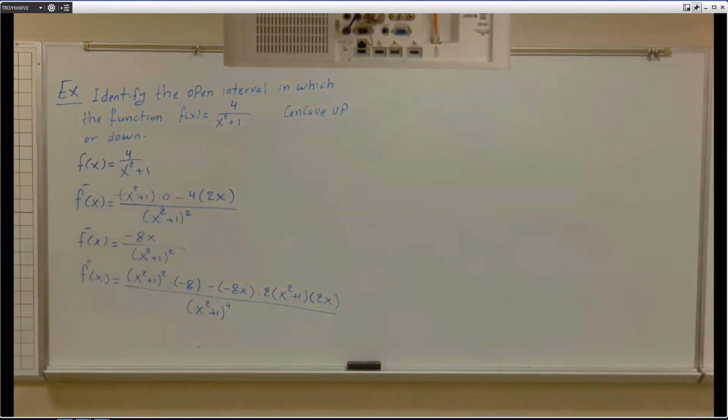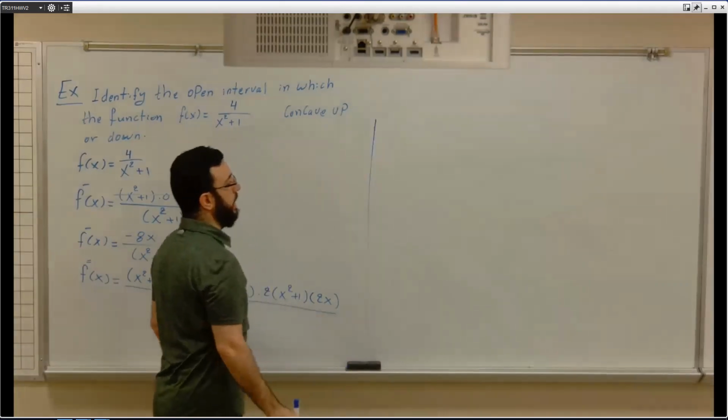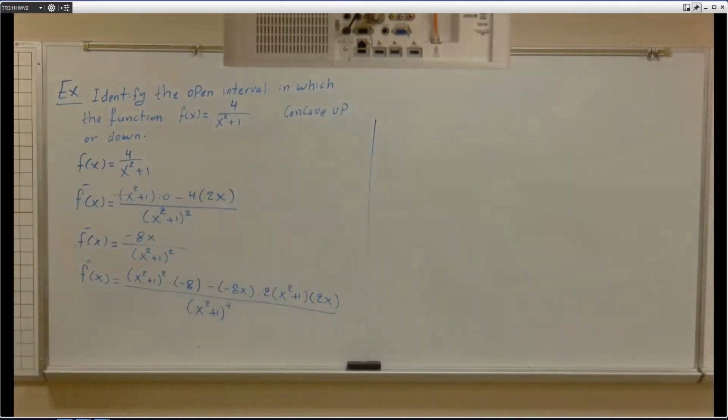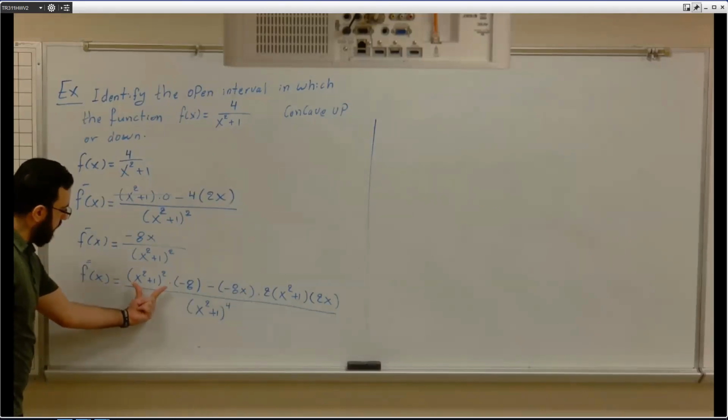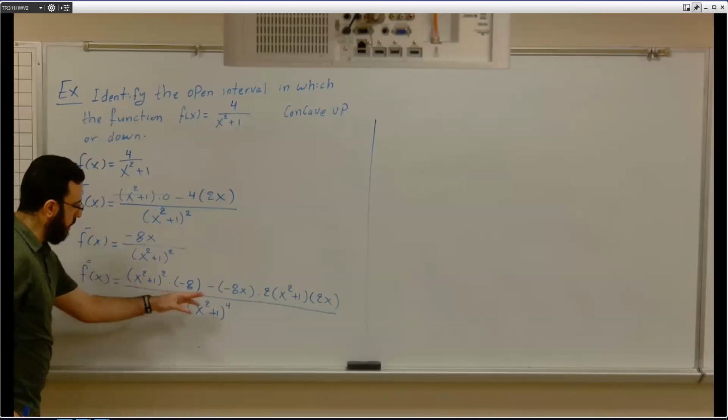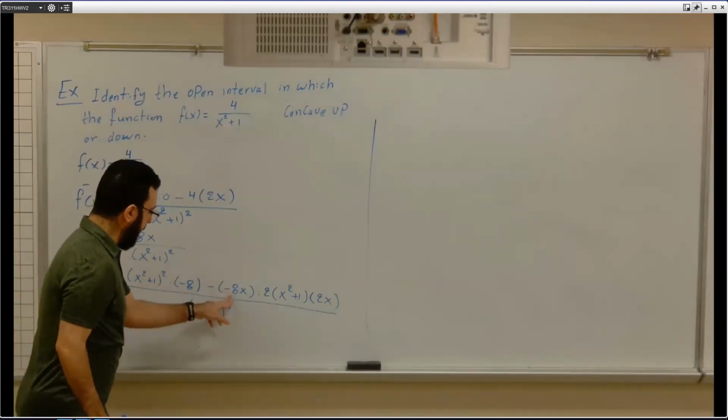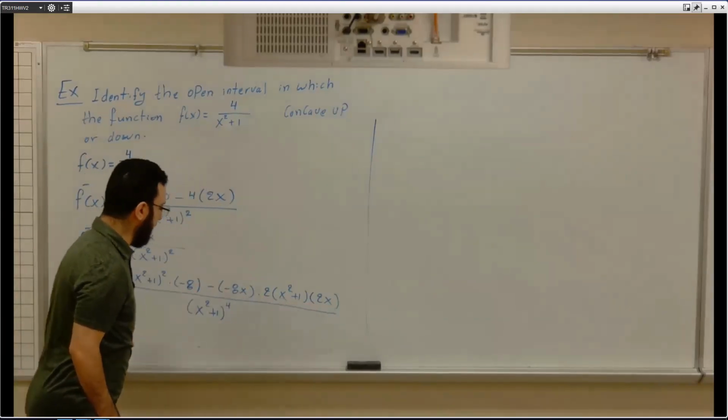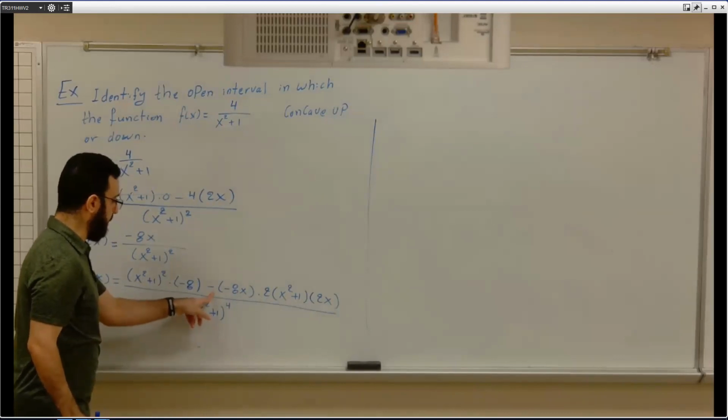Okay, now let's simplify this part. You see, this is only to find the derivative, not the critical numbers. Now we're going to simplify this one. I'm going to keep negative 8 in the parentheses. Here, negative 8 times 2 times 2 is negative 32, and times negative is going to be positive 32.